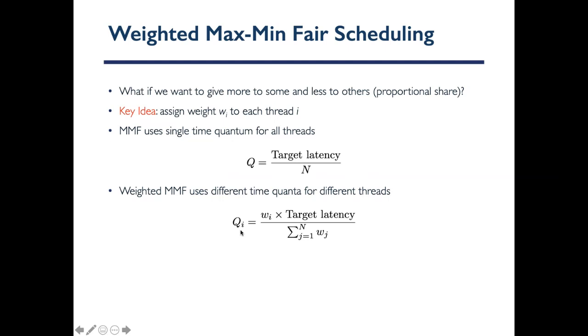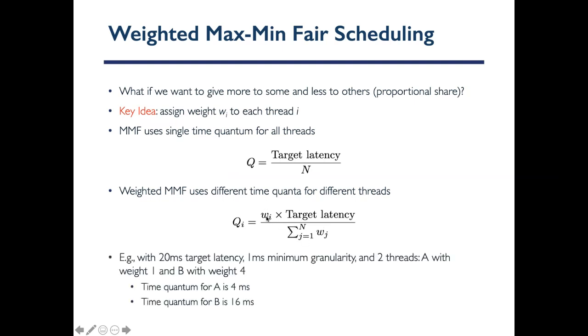So each task will have its own time quantum, and the length of the time quantum for task i is going to be determined by its weight times the target latency divided by the weight of everybody in the system. Now, if everybody has the same weight, then this becomes 1 over n. So we get what we had here. But if threads have different weights, then this is going to give you a different formula for each task.